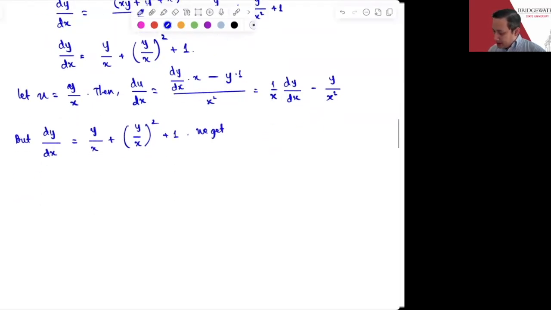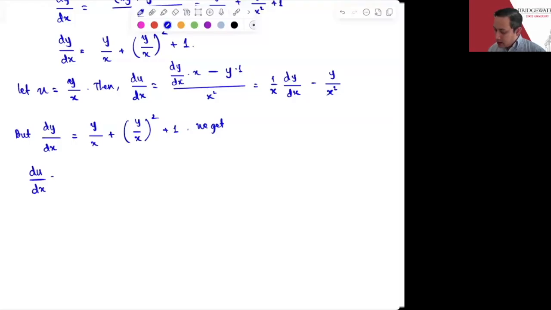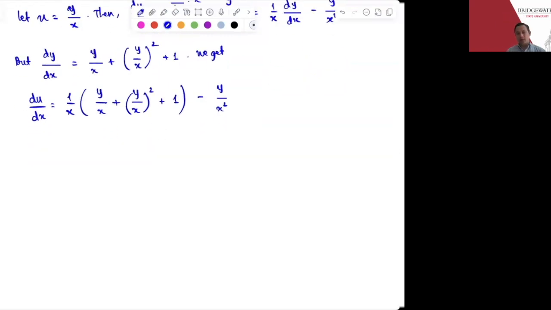We get that du dx equals 1 over x times y over x plus y over x altogether squared plus 1, minus y over x squared. So far, so good? Now you distribute 1 over x into the parentheses. You get y over x squared plus 1 over x times y over x altogether squared plus 1 over x minus y over x squared.